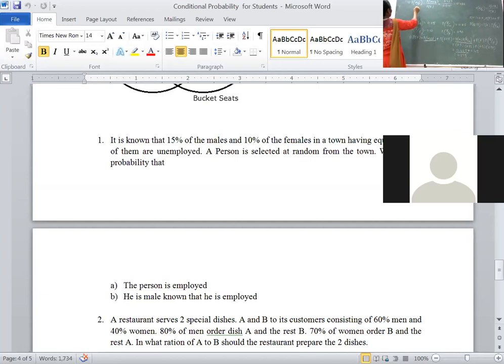Or the other way, how can we solve this? Probability of M given E. Probability that the person is a male, correct? Here we use Bayes theorem. Instead of this, better to use Bayes theorem, it becomes easy for you.